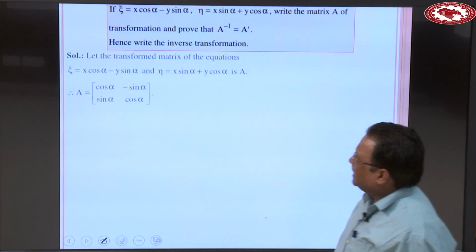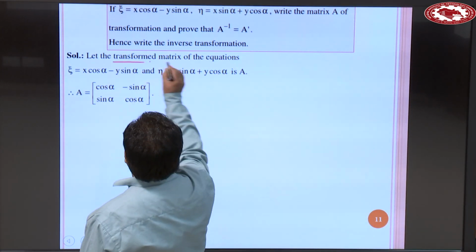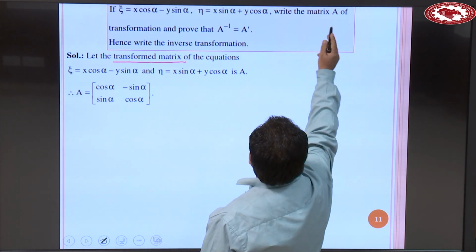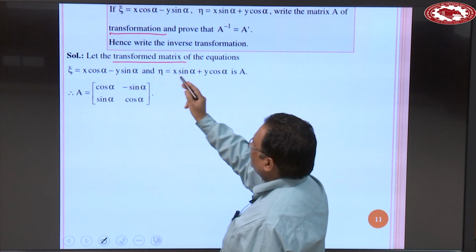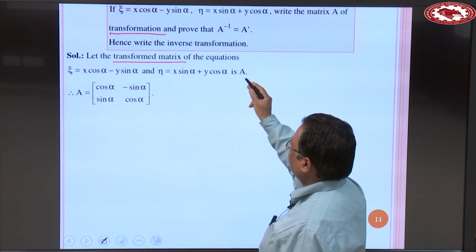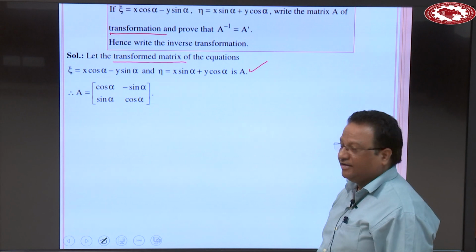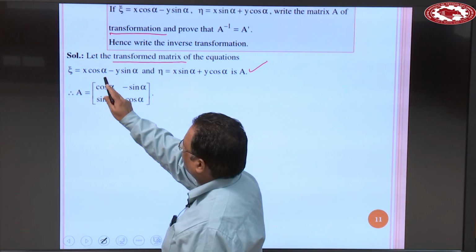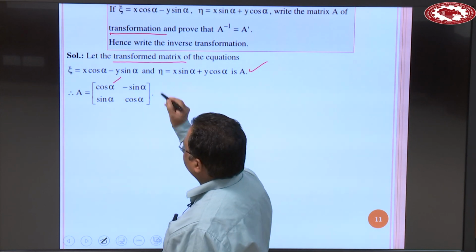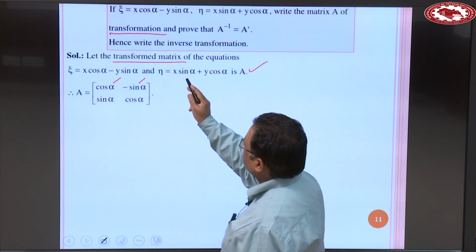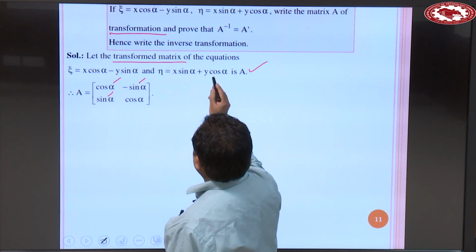Okay. So let the transformation matrix of the equations be A. Write the matrix A of the transformation, meaning the transformation matrix of the equations. A is cos alpha, minus sin alpha, and sin alpha, cos alpha.